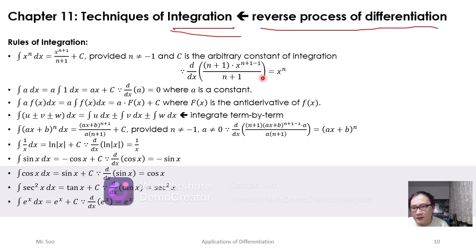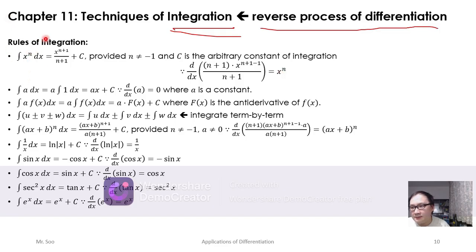So you bring down the power n plus 1, then you reduce by 1, so n plus 1 minus 1, then divided by the n plus 1 which is there by default. After some simplification, cancel out the n plus 1, and in the power of x, the 1 minus 1 will vanish, so you are just left with n, hence you get x to the n.